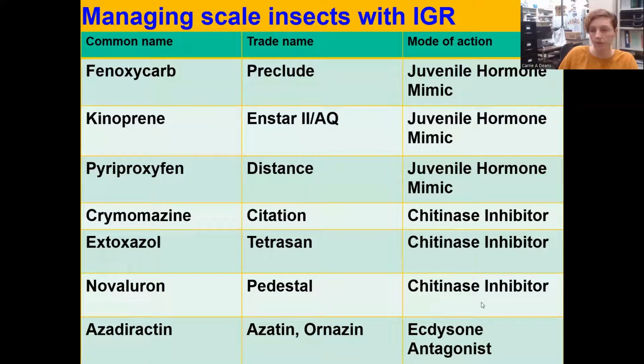Other types of chemicals here, chitinase inhibitors, which disrupt their ability to molt properly, and then also this ecdysone antagonist, which again just really sort of messes up the hormonal signaling that's required for them to go through full development.